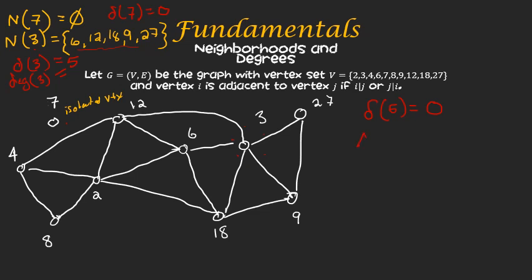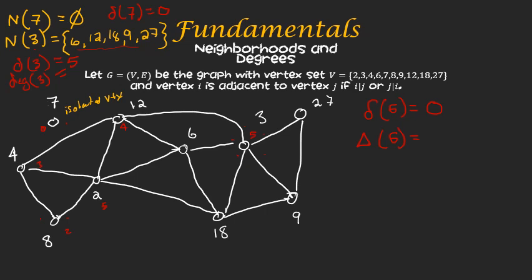And I'll use capital Delta of G for the maximum degree. We'll look at all the vertices and identify which one has the highest degree. So the degree of 8 here is 2. Degree of 4 is 3. Degree of 7 we already said was 0. Degree of 2 is 5. The next is 5.